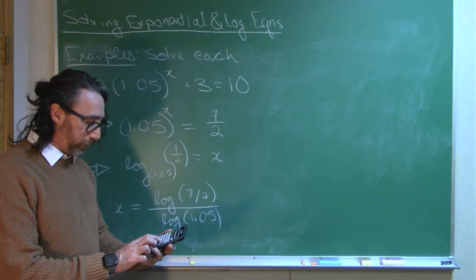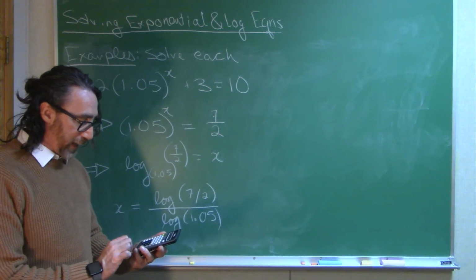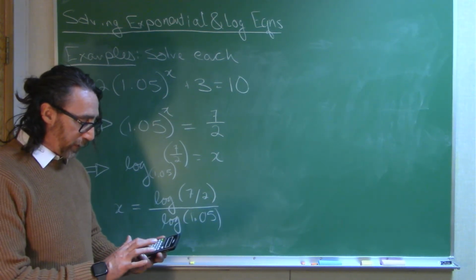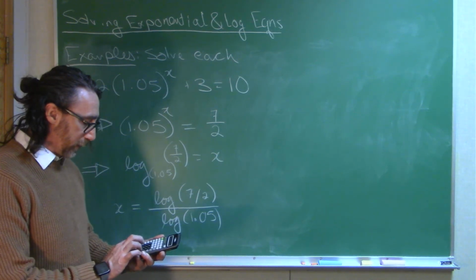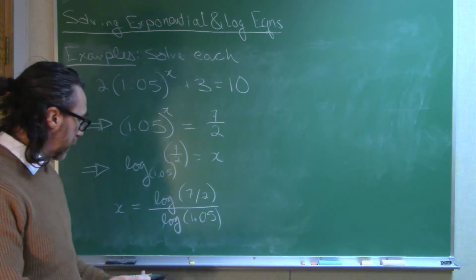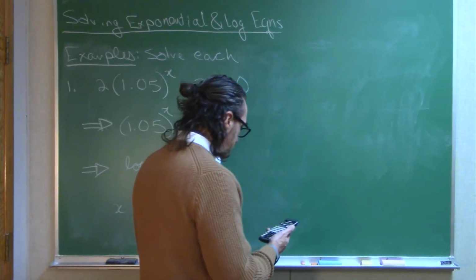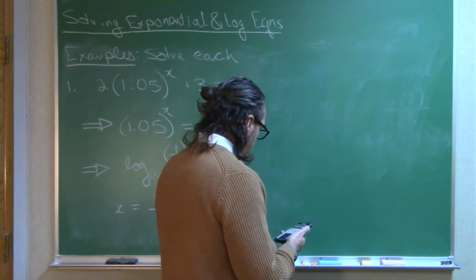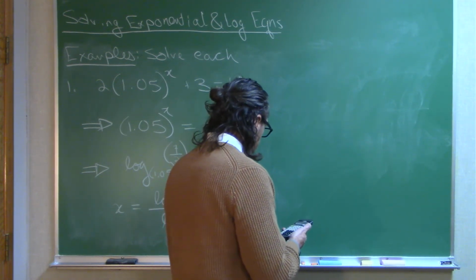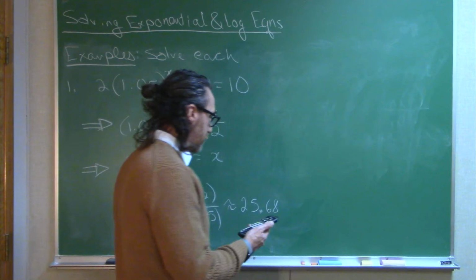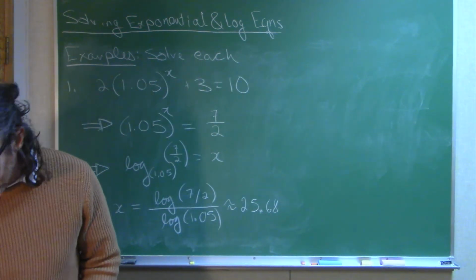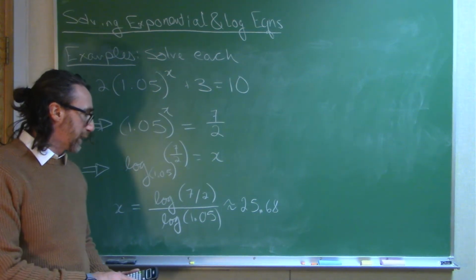So take the log of 7/2 and then divide that by the log of 1.05. Okay, I'm getting approximately 25.68 if I round to 2 decimal places. Okay, approximately 25.68.